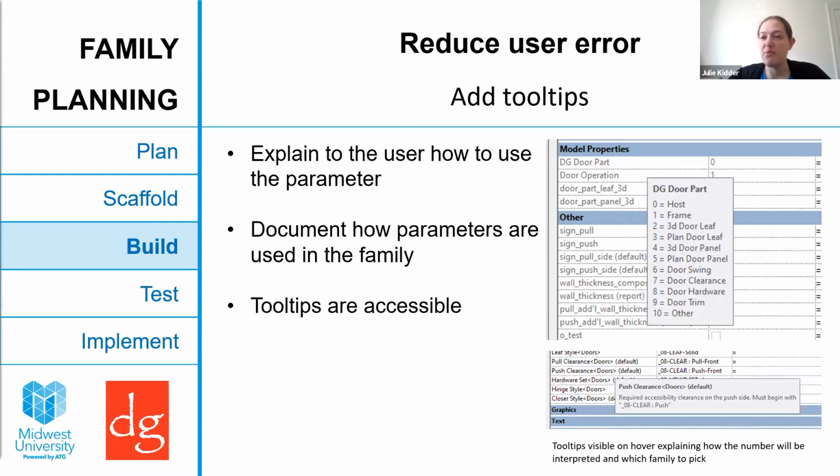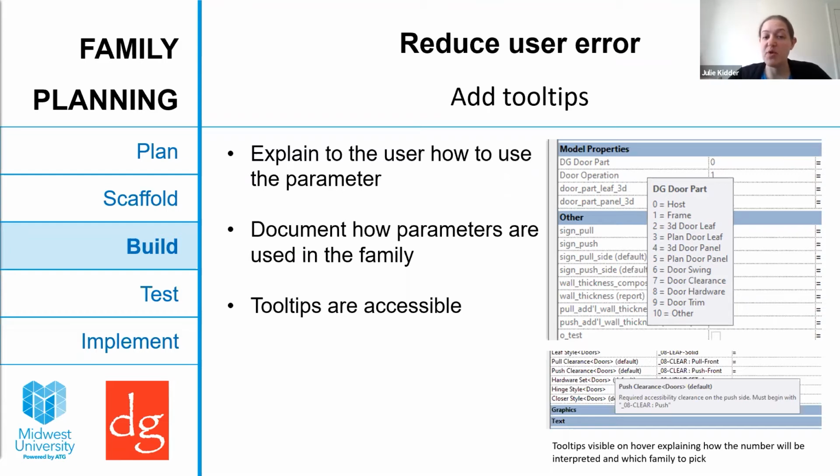They don't have to go and find the PDF or something on your intranet or the internet to define how a family is to be used. They can hover over it and see what they need to do. And so I make a lot of use of tooltips to tell the user how to work with a family.